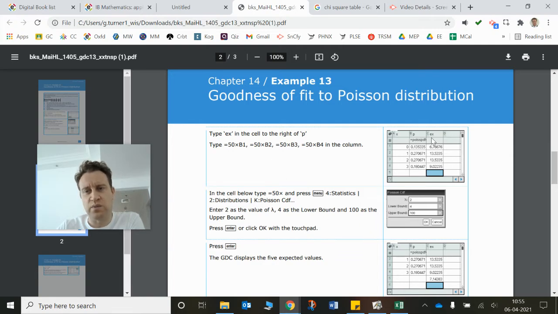Yeah, and then they've done some working out in column C by saying your, this is just too slow. I wouldn't do this. This is 50 times by B1, 50 times by B2, and that's super slow. You can do that quicker using your old GCSE calculator. Okay, and you should write these things down in your book, on your exam paper anyway, your calculations. Okay, so there we go.